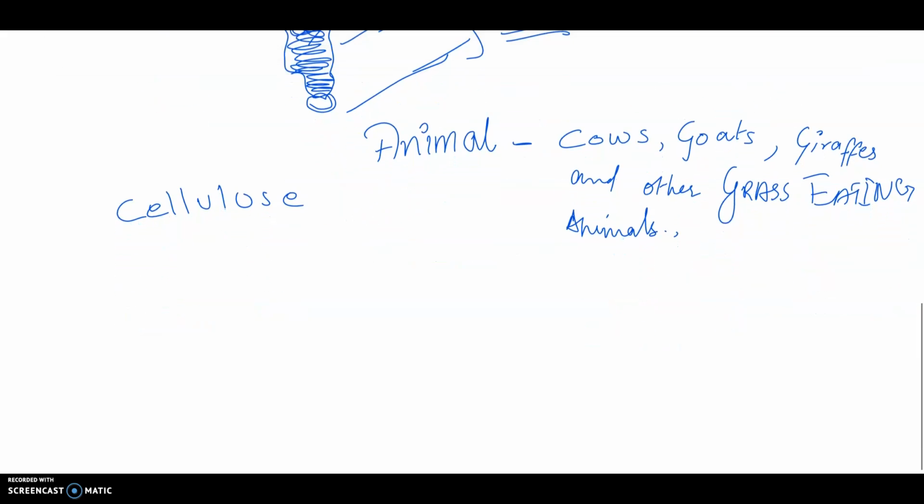Cellulose is a carbohydrate that can only be digested by grass eating animals. You want to know why? Here's the answer. When they take the food in, it goes down the esophagus, which is like this because of the cow's face. A giraffe's esophagus is very, very long.